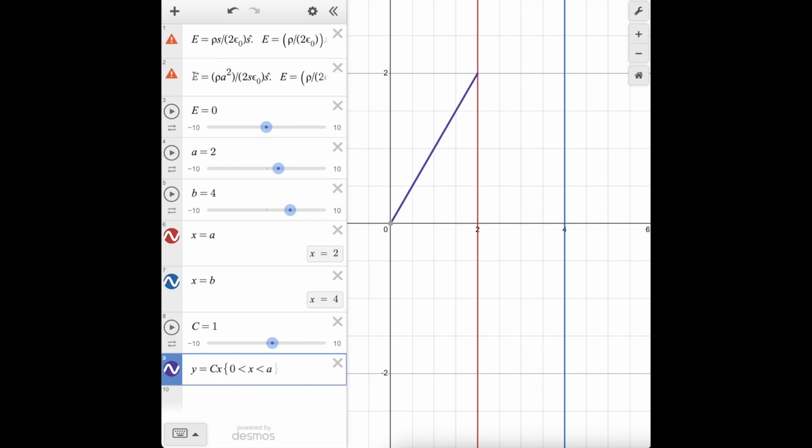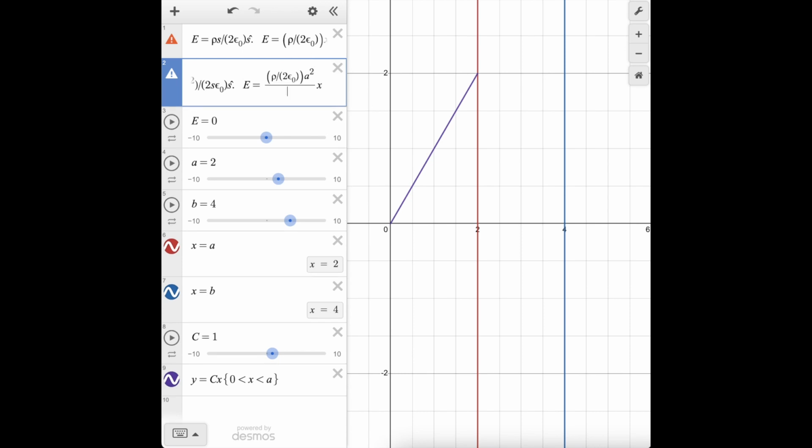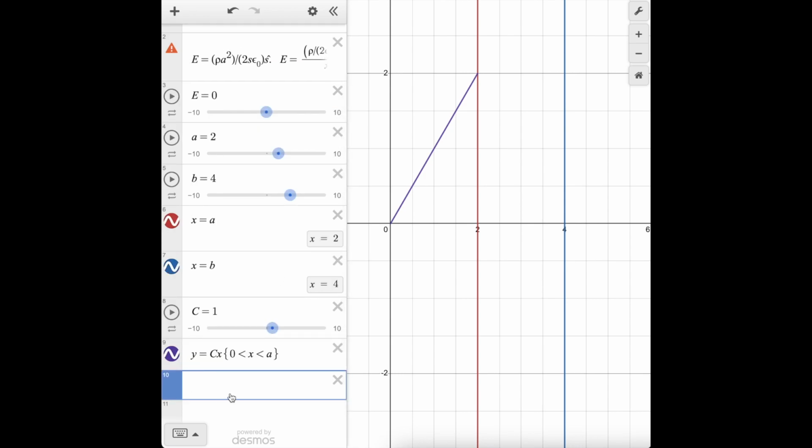Now for between A and B, we have a very similar constant with this equation: rho over 2 epsilon naught times A squared divided by S. We're going to rewrite it in that fashion. Hopefully you can see that clearly. We've factored out the same constant as the above equation, and we now have C, constant, times A squared divided by X. Now we write the second equation in this second domain.